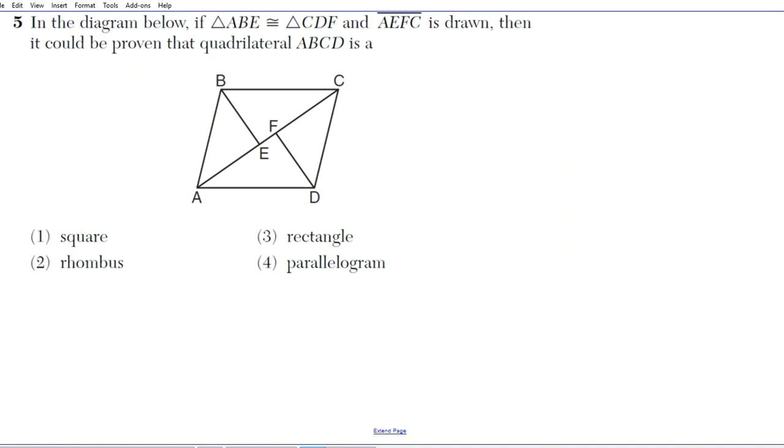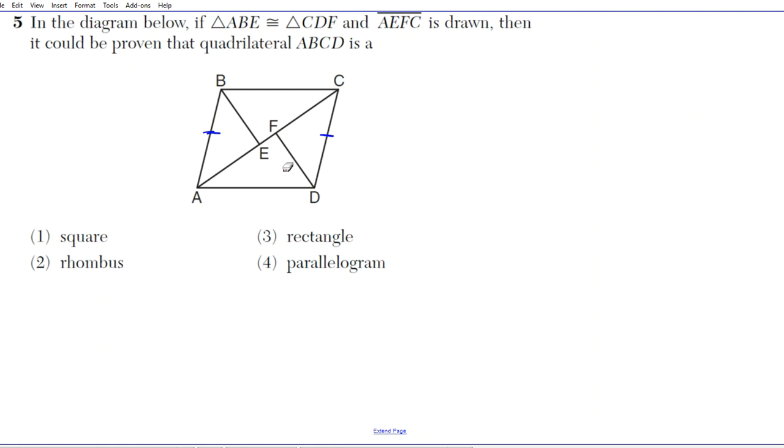Okay, so there are different ways to prove that a quadrilateral is a parallelogram, but in this particular one, we have these two triangles that are congruent, which basically helps me determine some key components of this quadrilateral. Since these two triangles are congruent, it automatically follows that this side is congruent to that side.